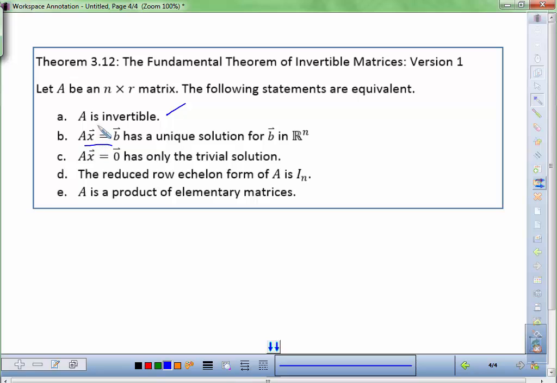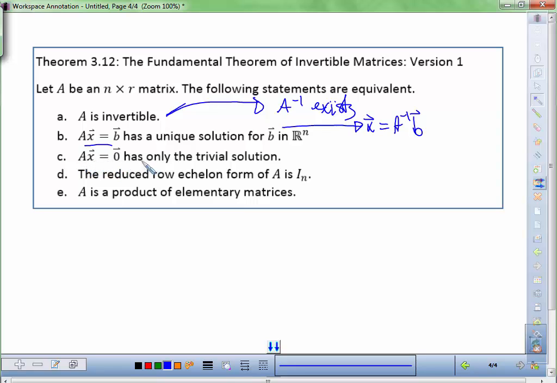Well, the vector x is the variable, so the unique solution is technically A inverse b. So A is invertible says that A inverse exists. So this has a unique solution, and your unique solution is actually A inverse b. Because it's invertible, we can do this matrix algebra.